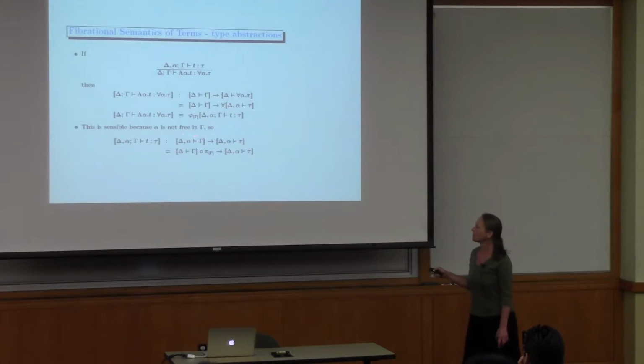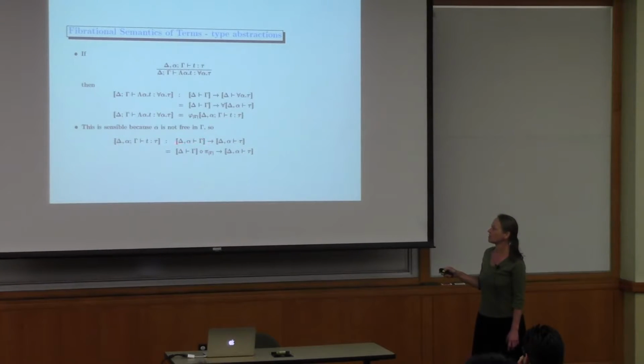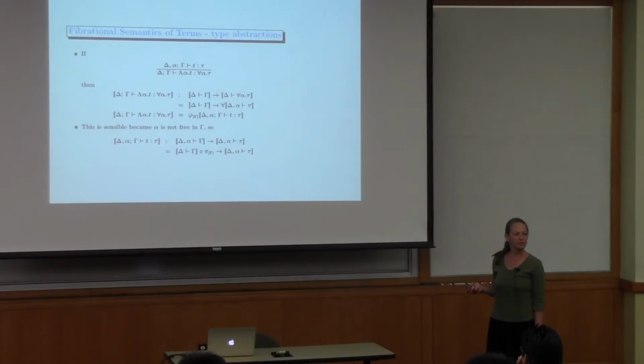Okay, so let's just unpack the interpretation of gamma in this context, delta comma alpha. Well, this should take cardinality of delta plus 1 things that can interpret types, right? But I don't need them all because alpha isn't appearing in gamma. So if I just threw away that last one, I could still interpret gamma. So that's what the pi sub gamma does. It keeps the first cardinality of gamma many. Okay?